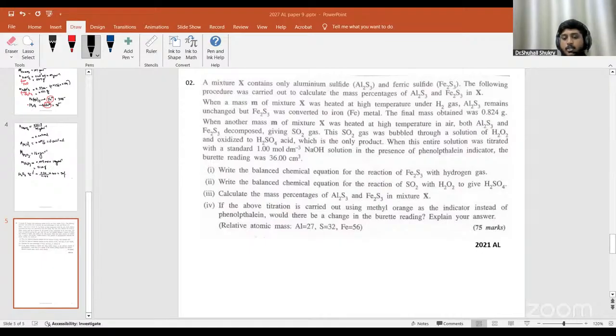So you get the balanced reactions like this. After that, we have to go with the simultaneous equations and we can solve this problem.